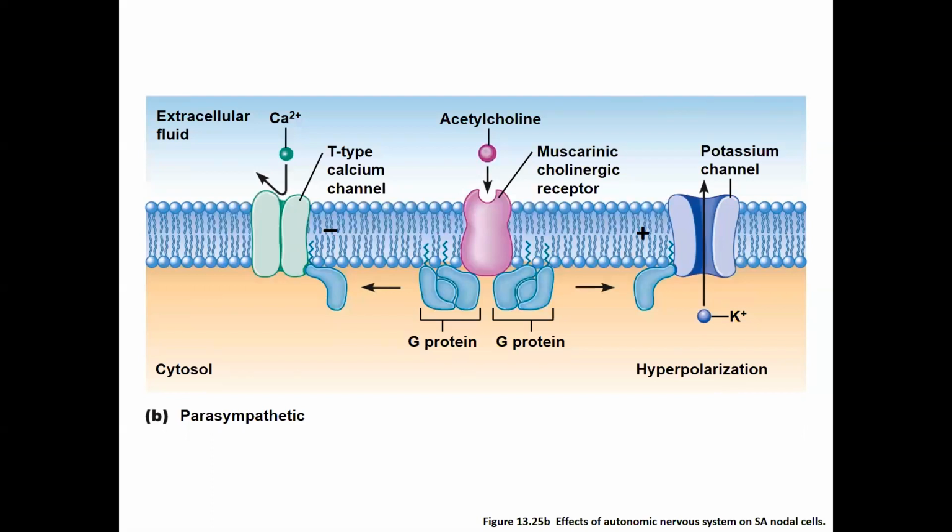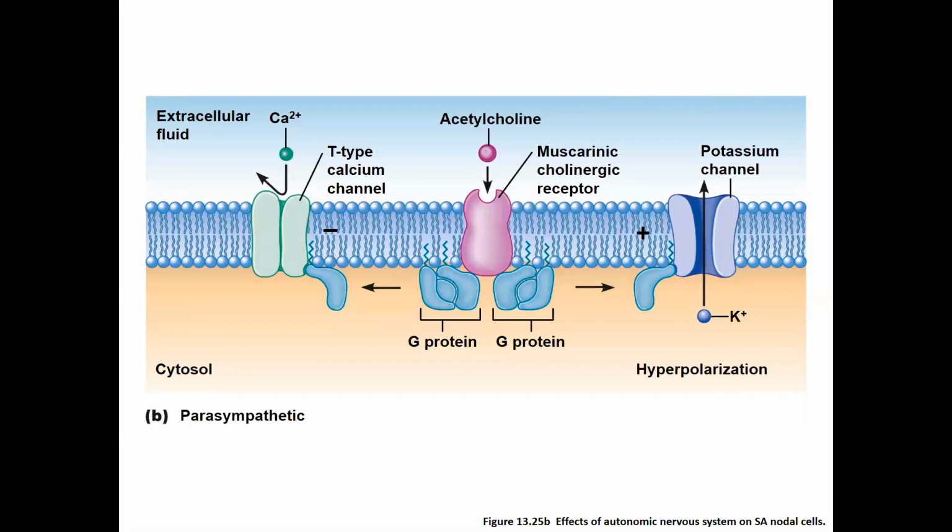Right. Similarly, we also open up those potassium channels. What are potassium channels doing in terms of the ionic movement in this cell? Right, it's going to make it less positive or more negative. It's going to keep it hyperpolarized. And that's because it's letting all this potassium out.